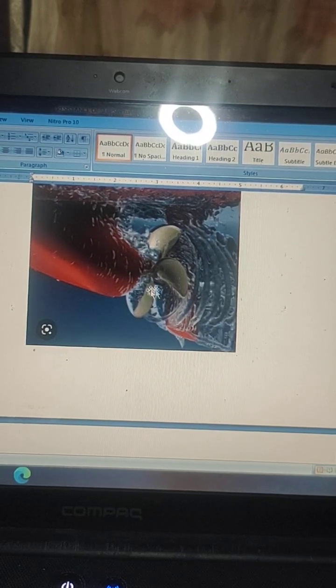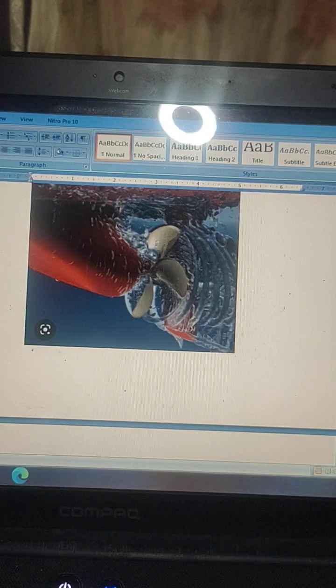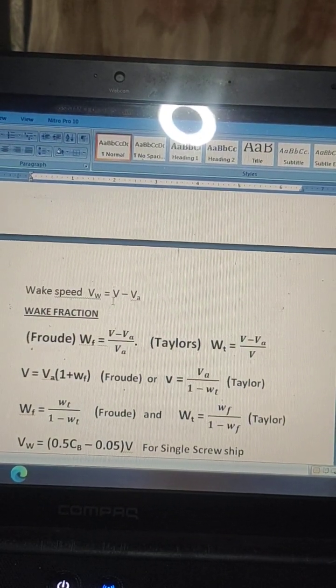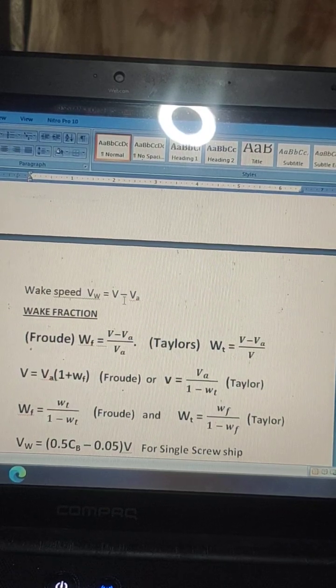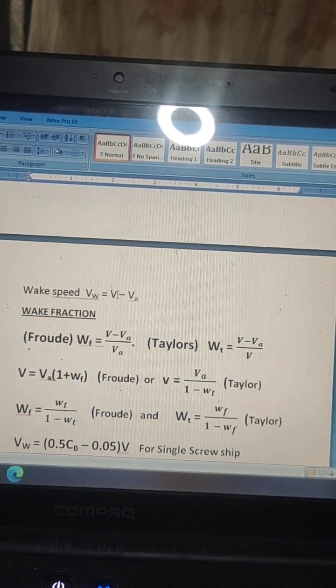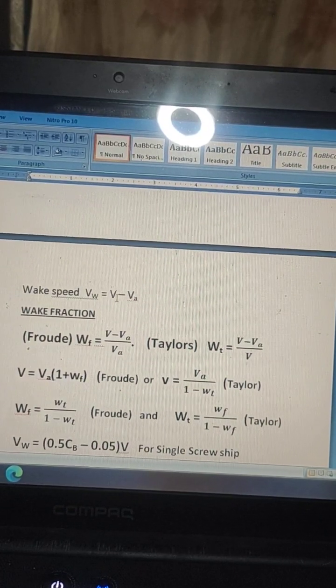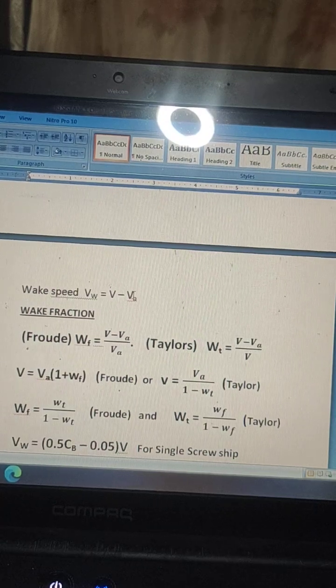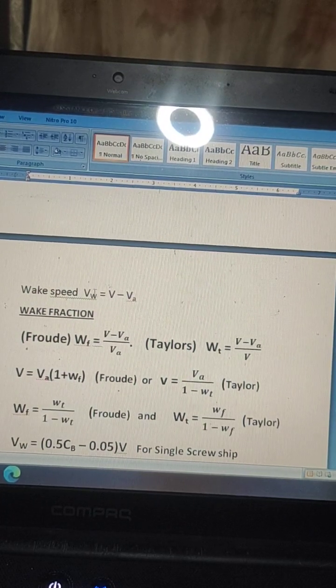You can see that the water speed here can never be the same as the water speed at the bow of the ship. So this is the speed at which the ship is moving, the speed at the bow in terms of relative motion of water. But here is the speed of advance of water around the propeller. They are not equal, depending on the shape of the hull.